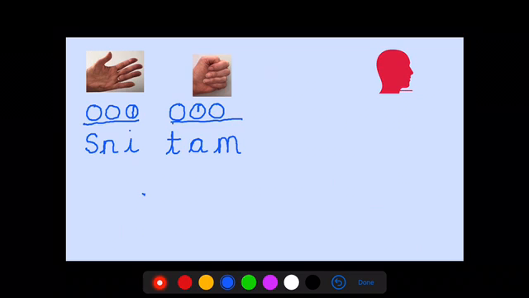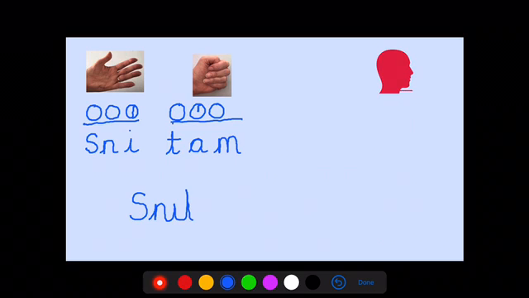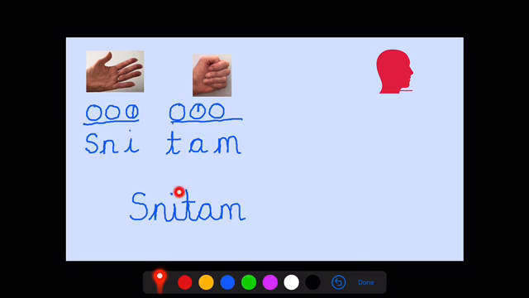Snytam. We could hear it, but if we were reading it, we would know what to say because of the pattern of the letters. There we go. There's our word. Dot the I, cross the T. Sny. I could see that I would split it here. Sny tam.